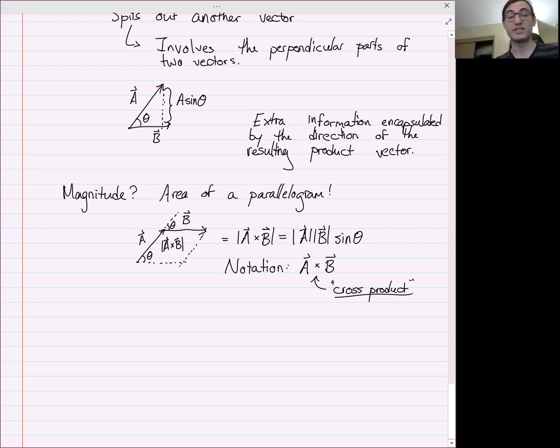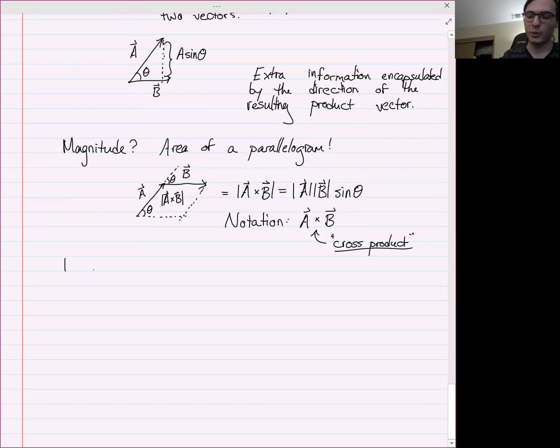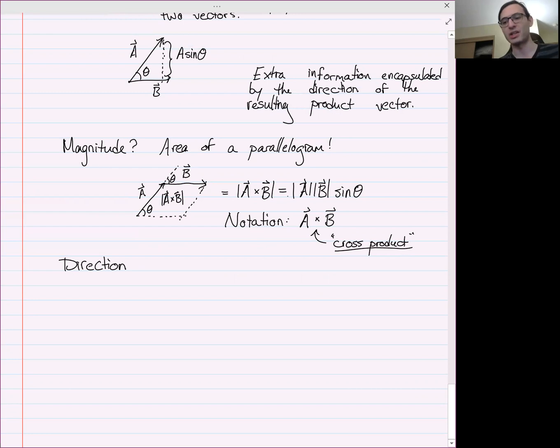So now the question is, what direction does it point? We know it's a vector, so it has a direction and a magnitude. We already know how to find the magnitude. It's just the magnitude of A times the magnitude of B times the sine of the angle between them. But the direction goes back to this parallelogram.